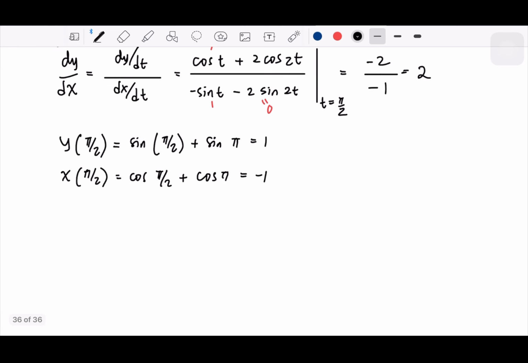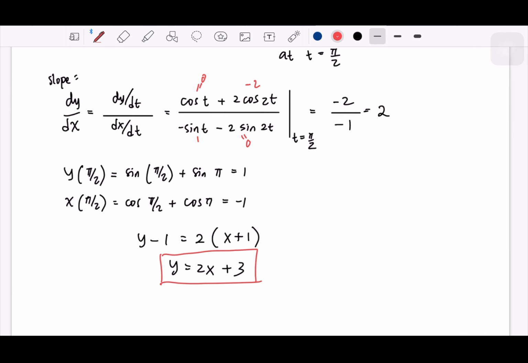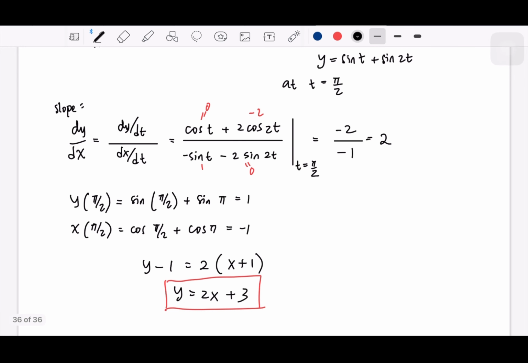So we can take the equation y minus 1 equals 2 times x plus 1, right? So y equals 2x plus 2 plus 1, which is 2x plus 3.